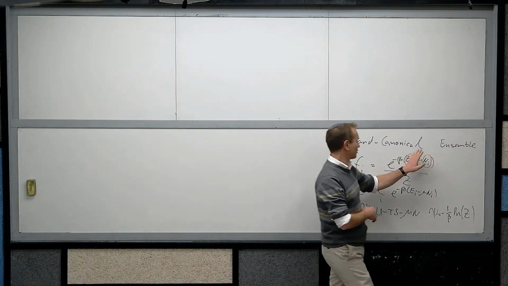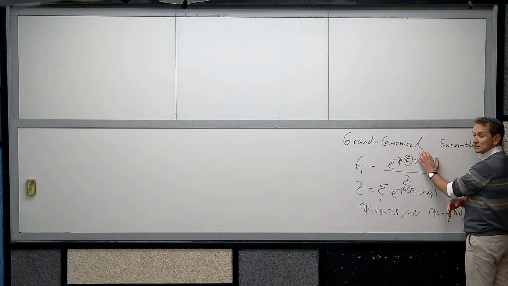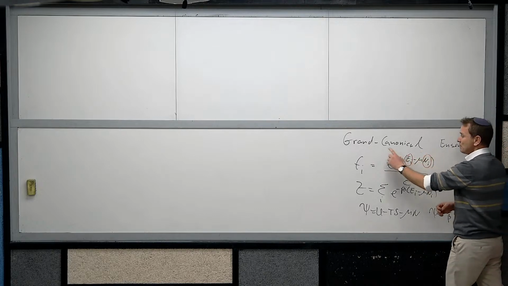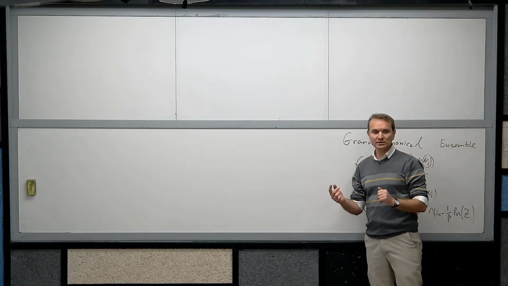For the canonical case, the energy is not constant, but we have different energies. These fluctuations of energy permit us to treat the system in a much simpler way, basically by using this representation. The same goes for the grand canonical ensemble.